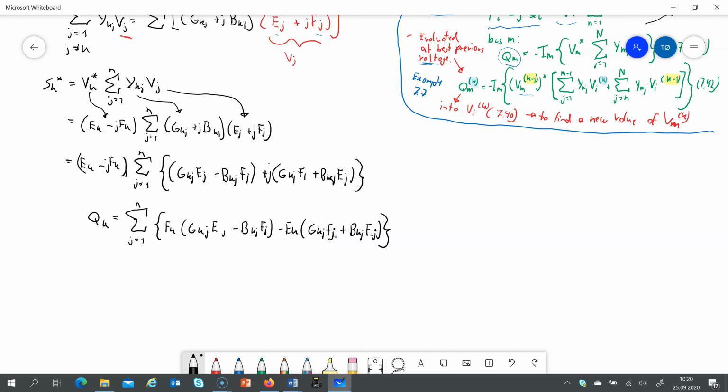I can just say that the flow chart for the Gauss-Seidel load flow is now the same as before. However, we have to check if it's a generator bus, and if so, we need to include that in the evaluation. So the question is, is it a generator bus?